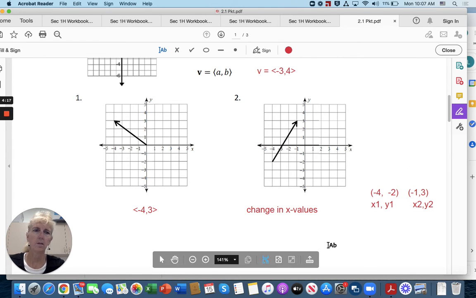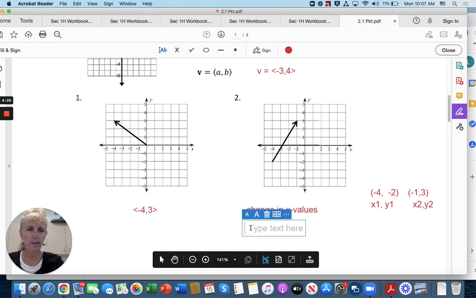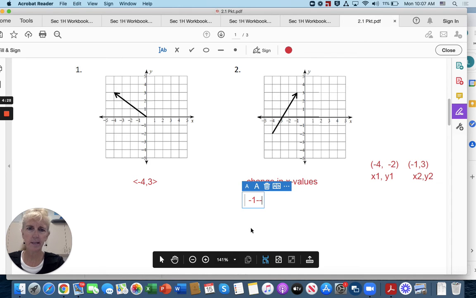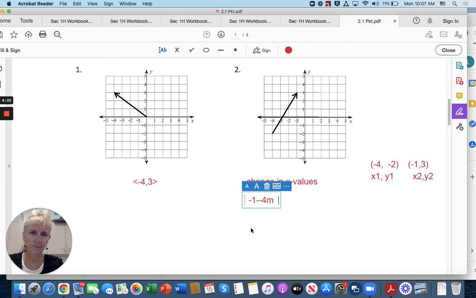Okay, so we do our change in our x values. We do x2 minus x1. So we do -1 minus -4, comma, and then we take the y2, 3, minus the y1.